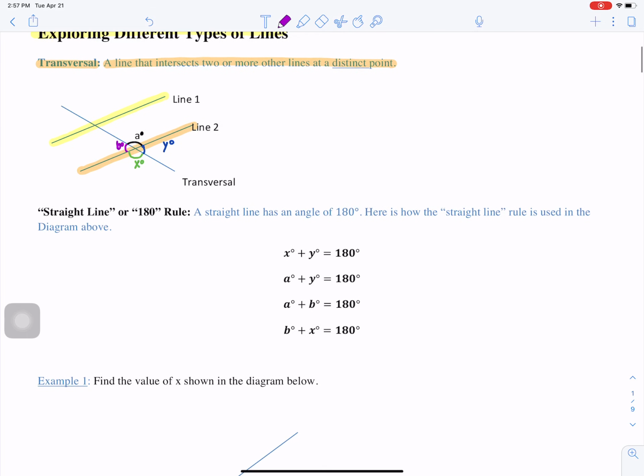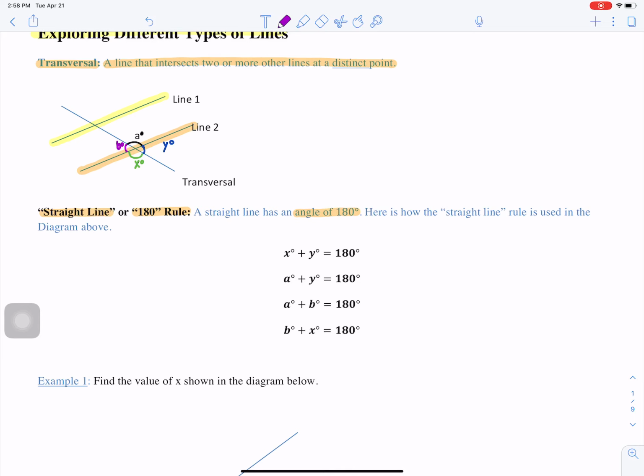One of the first rules I'm going to teach you is what I call the straight line rule, or the 180 degree rule. It says that if I draw a straight line, and I start on one end of the line and go all the way around forming an angle, that angle has a value of 180 degrees.